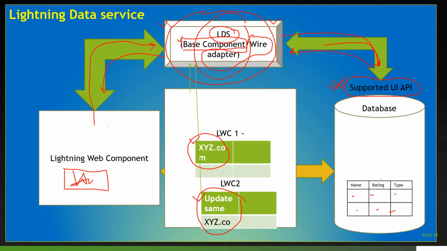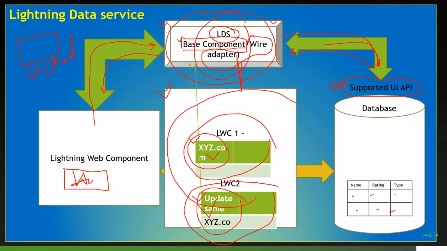And whatever data we access is cached and shared among the components displayed on the same page. If a page has multiple components displaying the same data and you update the data in one component, the updated data will automatically refresh in another component on the same page, if you access the data through LDS only.